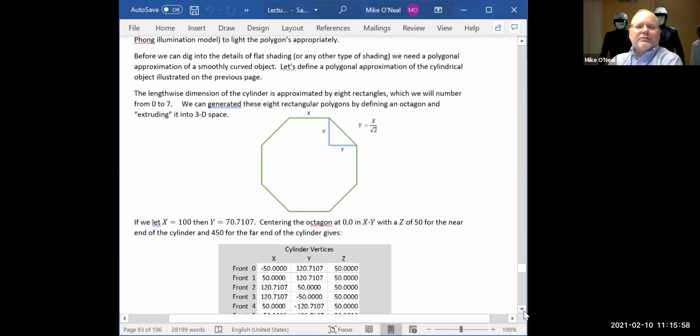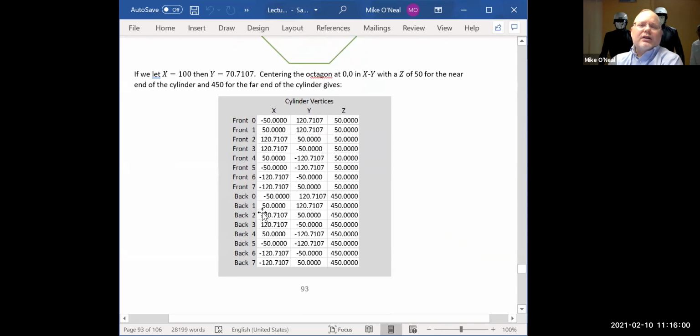we can quickly generate a table of vertices for this thing. I let x be 100, and so 100 over the square root of 2 is 70.7107. And then I centered my octagon at 0, 0 in the xy plane with a z of 50 on the near end and 450 on the far end.